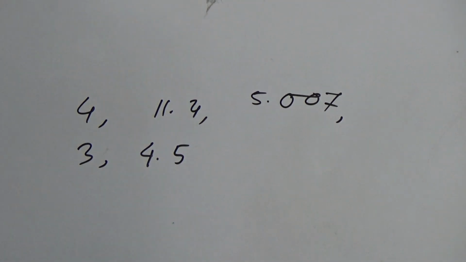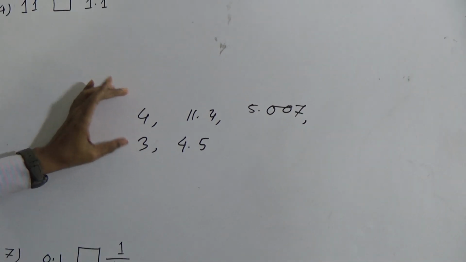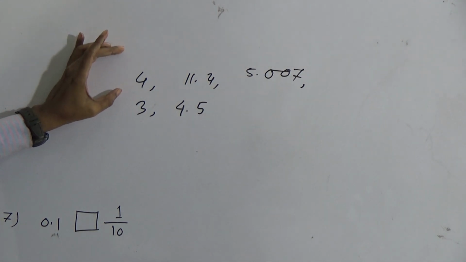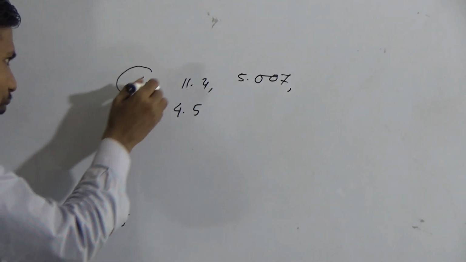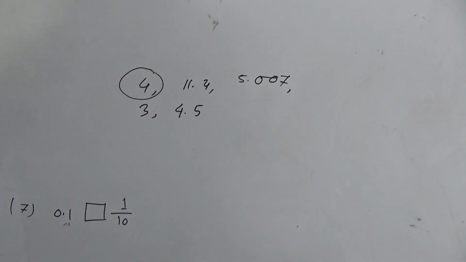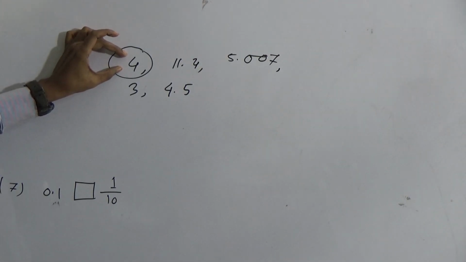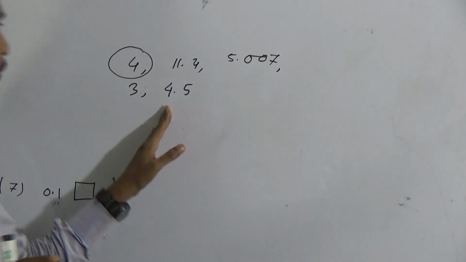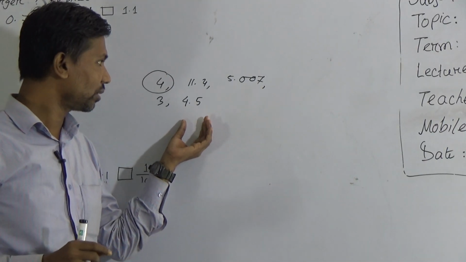If I told you to classify which one is the decimal number and which one is the integer number, you would say 4 is an integer number, or the whole number. 3 is also an integer number, but 4.5 is called a decimal number.